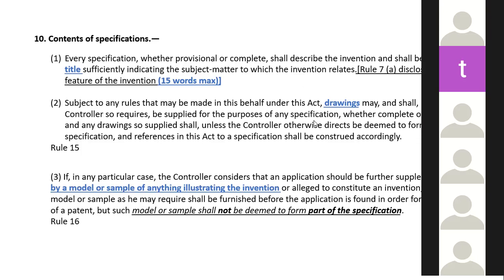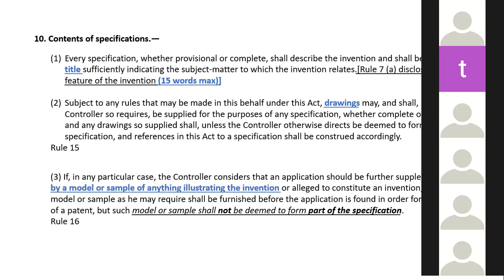Ma'am, with respect to the first point, the title. At the time of provisional specification, I have some title because I was at the initial stage of the invention. And after 12 months, I completely got to know the invention. Can I amend the title with respect to the provisional and complete, or will both the provisional and the complete have the same title? No, you can amend your title, but उसकी जो subject matter है, उसमें आप change नहीं कर सकते. Suppose I am filing an application for a stapler.